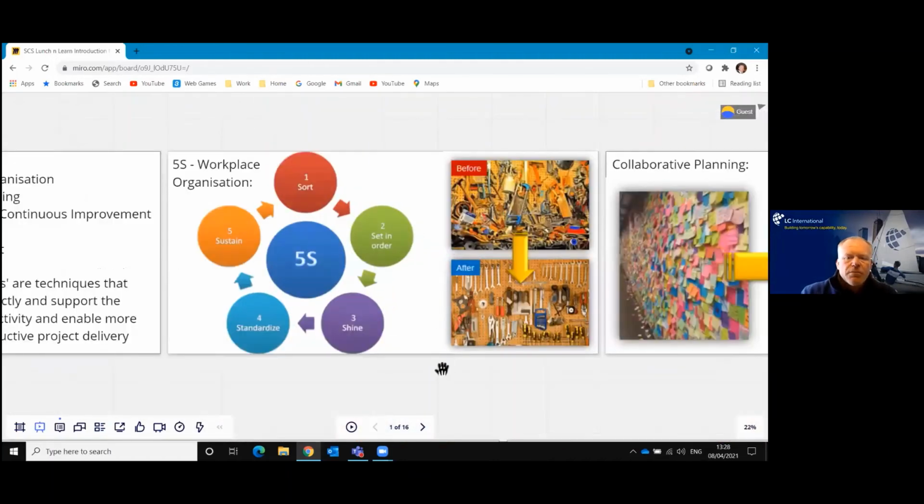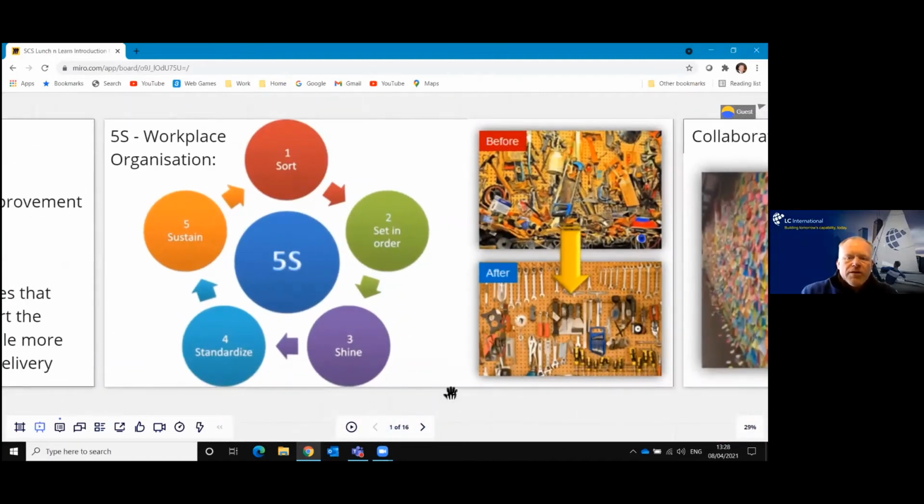So, 5S and workplace organisation. This is our opportunity to think about what order we need to have to ensure we're proactive and organised in all we do. Think about the tasks that you undertake, whether you are a dry liner, an electrician, or in a support function dealing with payroll, for example.